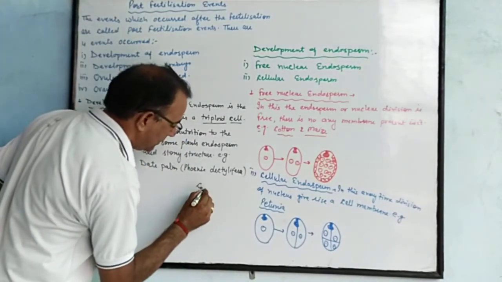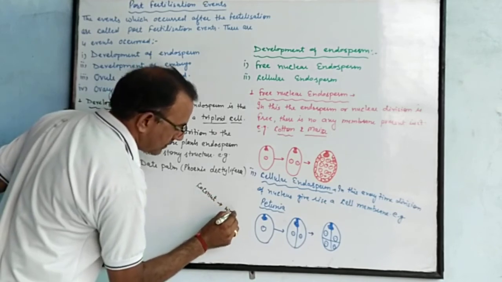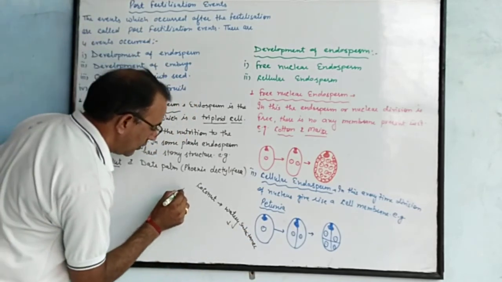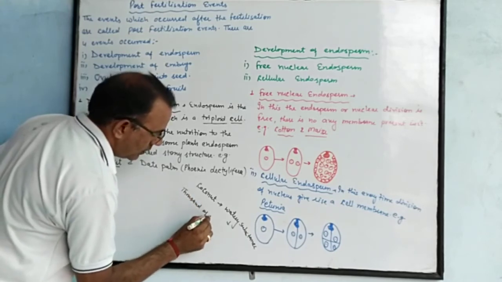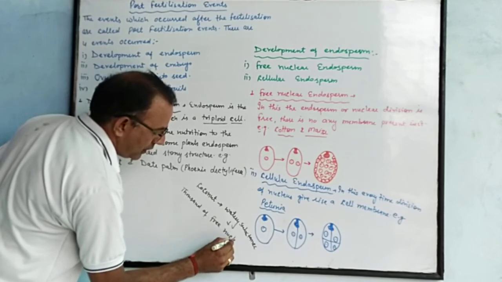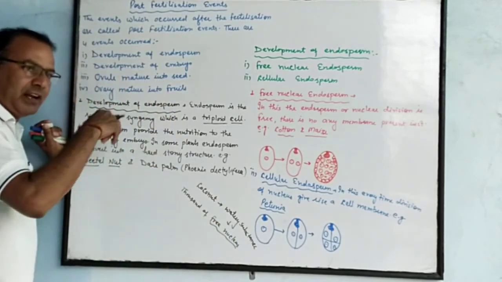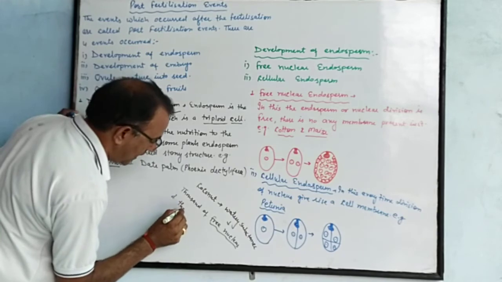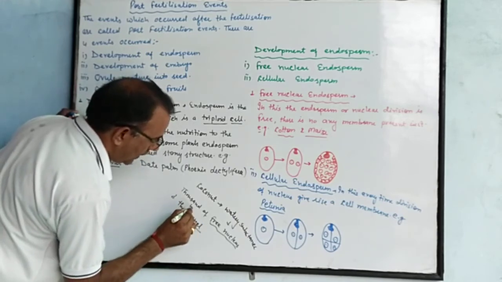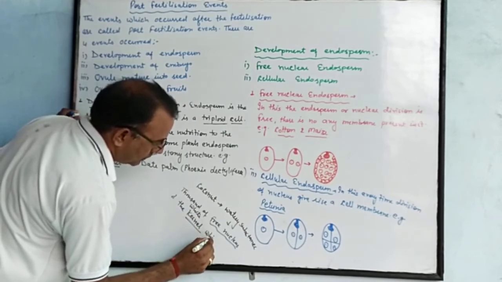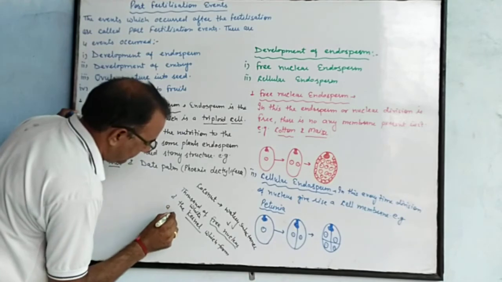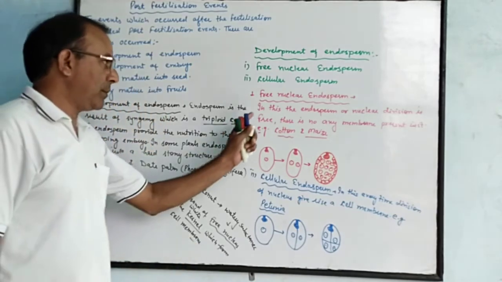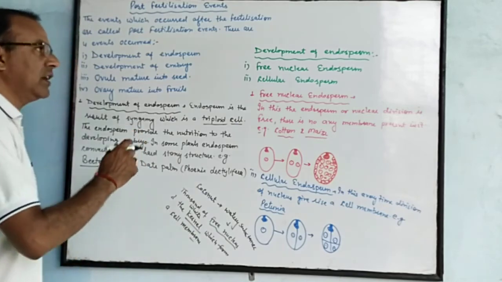And the white kernel outside, which forms a cell membrane. So we can see that free nuclear division can also take place in coconut. Clear? This is the development of endosperm.